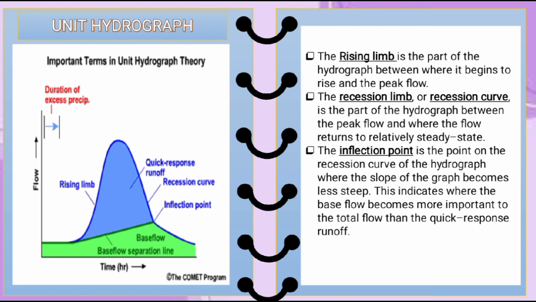The inflection point is the point on the recession curve where the slope of the graph becomes less steep. This indicates where the base flow becomes more important to the total flow than the quick response runoff.